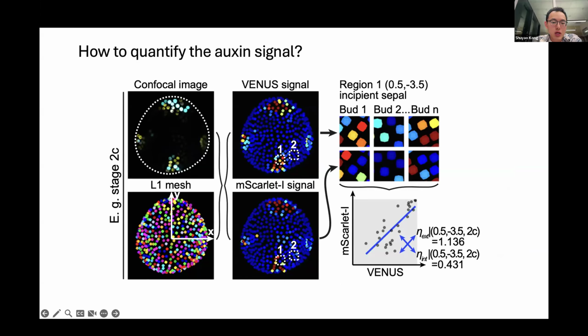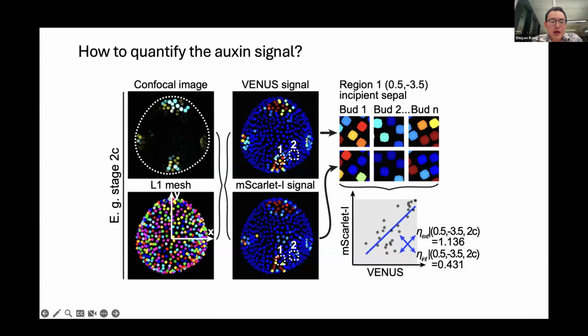In order to extract the position of the nuclei, we also had a nuclear marker, H2B-TFP, which was driven by the pAtML1 promoter, an epidermal promoter.